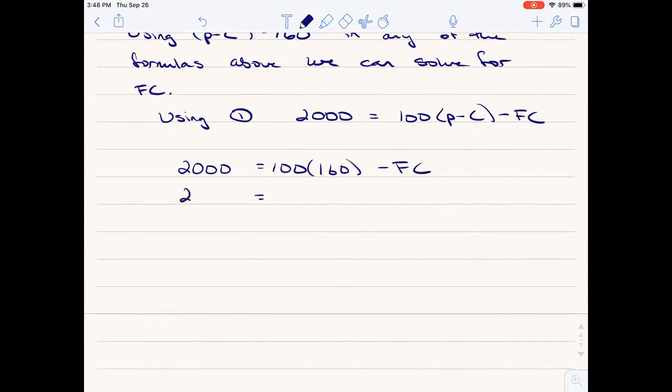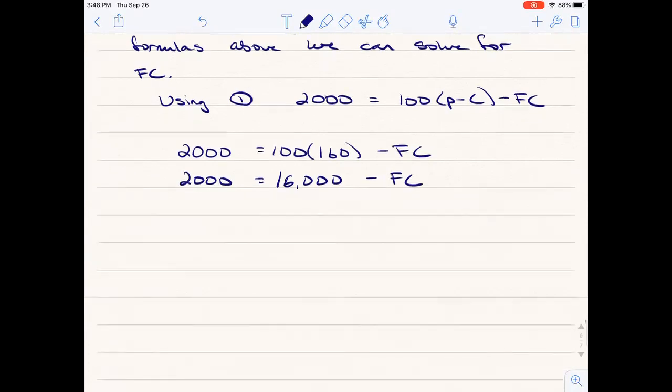So I've got 2,000 is 16,000 minus the fixed costs. Oops, sorry, 100 times 160, yeah, good.